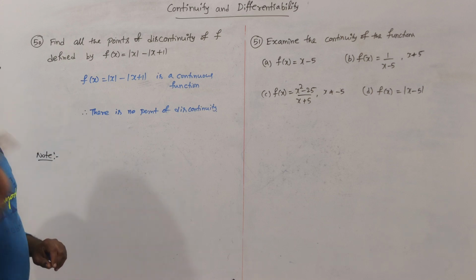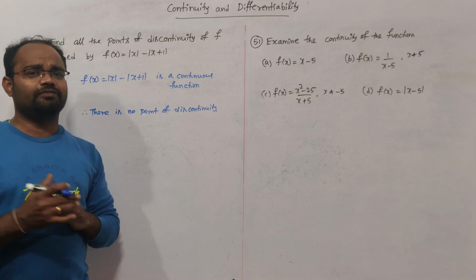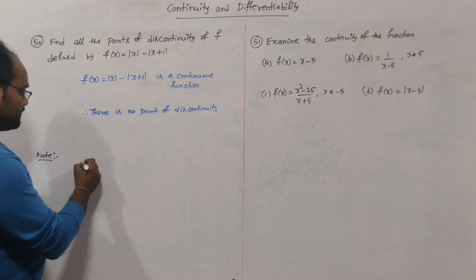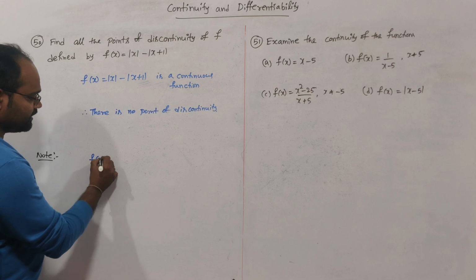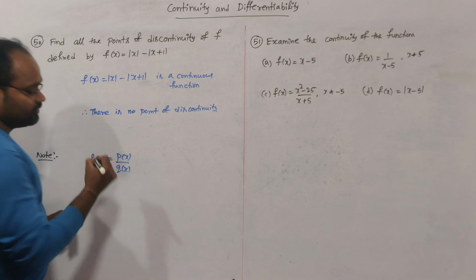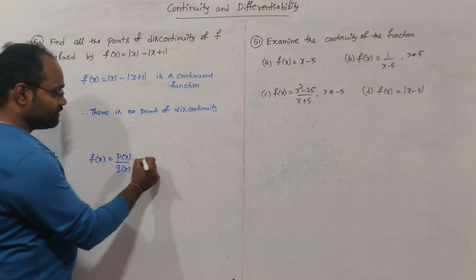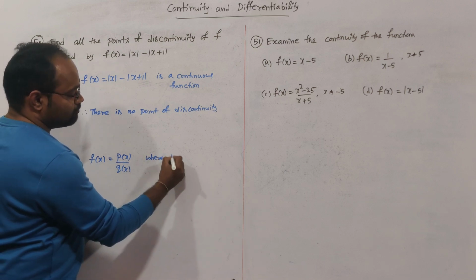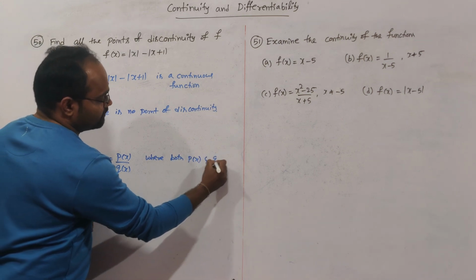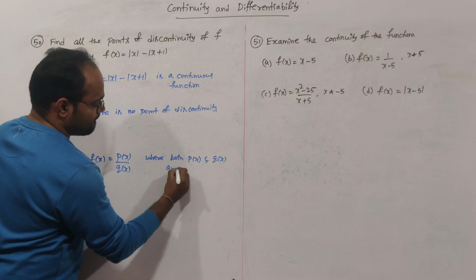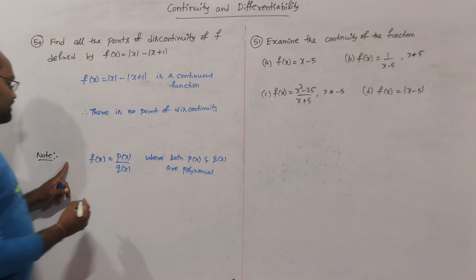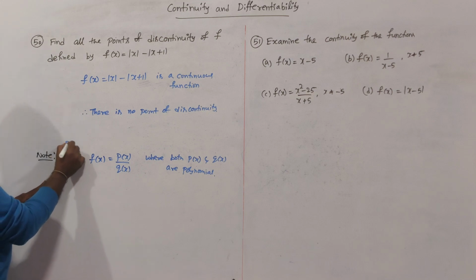Now we already know that polynomial functions are continuous functions. We know that a rational function is defined like this. If we consider the function p of x by q of x, where both p of x and q of x are polynomials, then it is called a rational function.